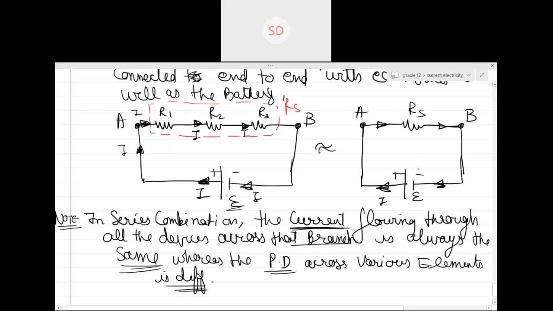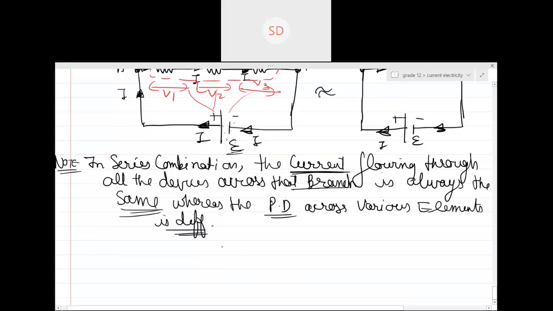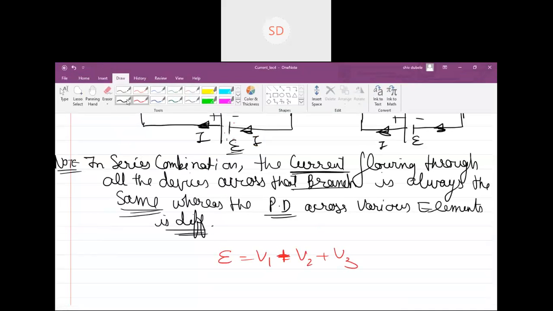But in this case, the potential difference will divide itself in three parts. It will be V1 across this one, V2 across this one, and V3 across this one. So from here, E is equal to V1 plus V2 plus V3 because it was dividing. Yes or no, guys?